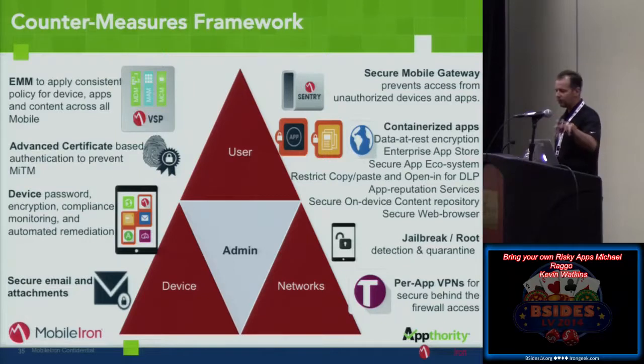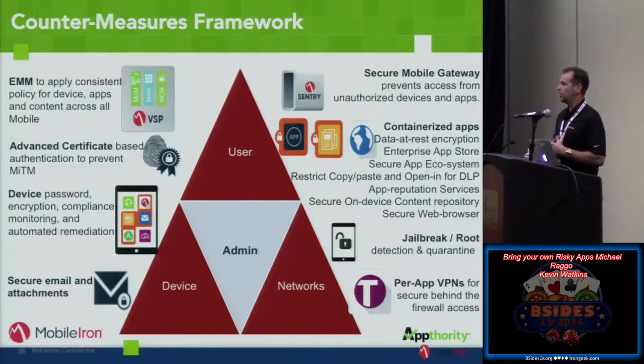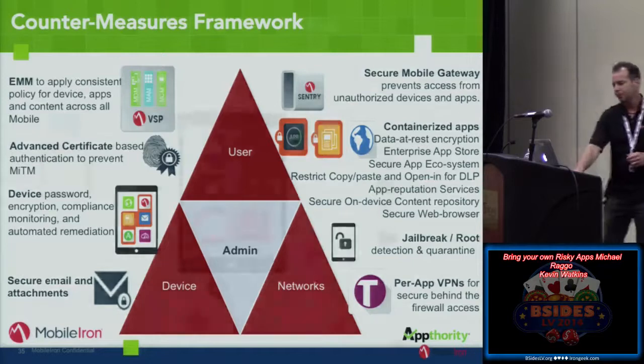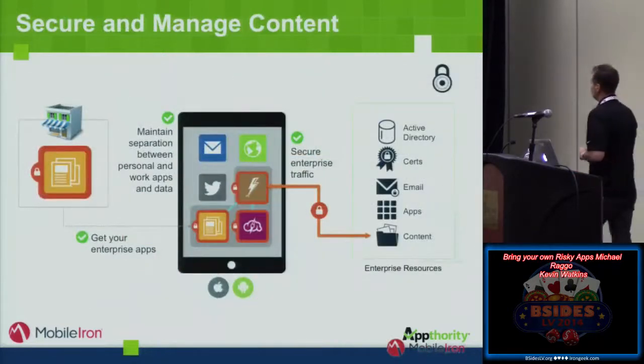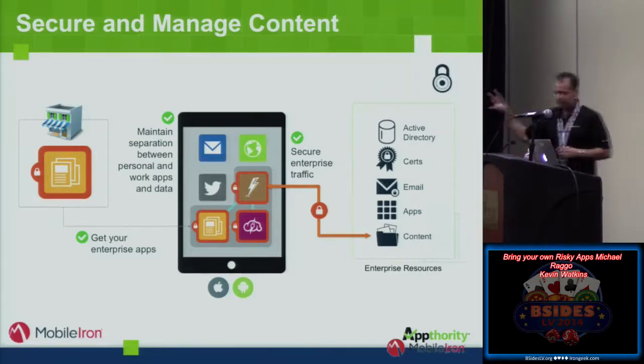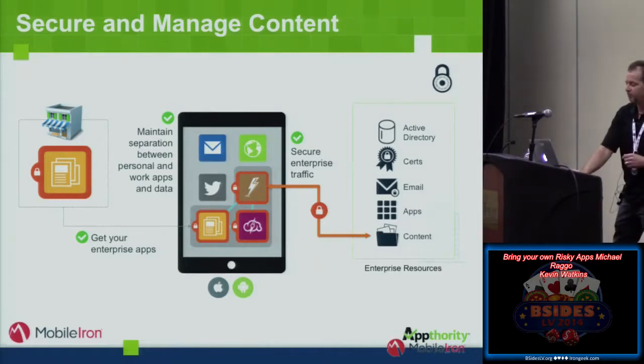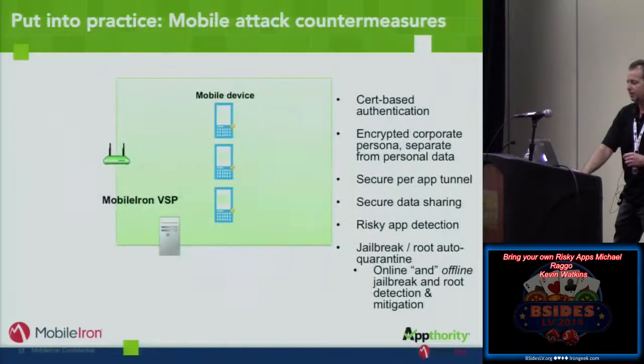If they want to do that for their personal stuff, fine. But on the enterprise side, turn off some of that functionality so they can't share data outside of that secure persona. So that's exactly what we do here. So in terms of the device, securing a little bubble for the corporate content, apps, and web access, and then provide that secure access via per-app VPN.